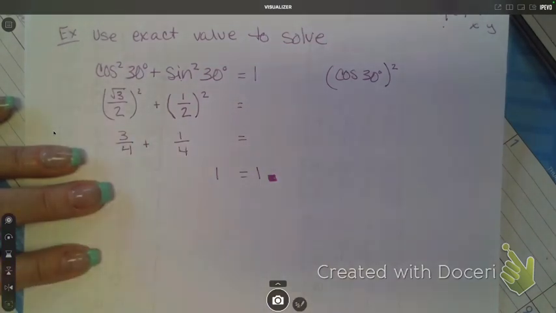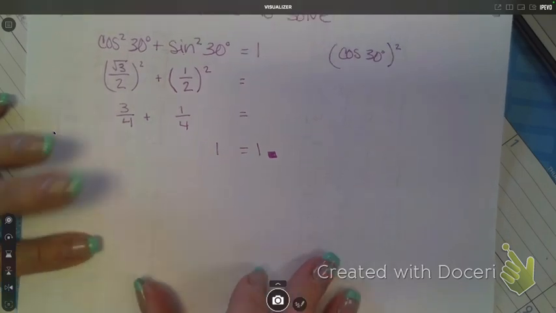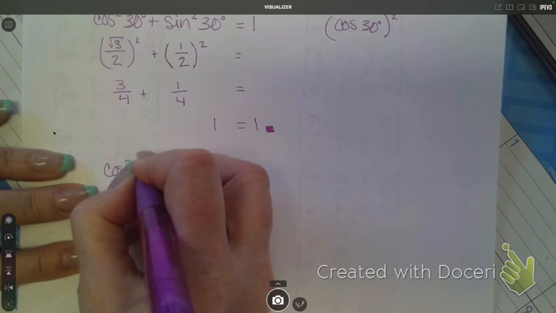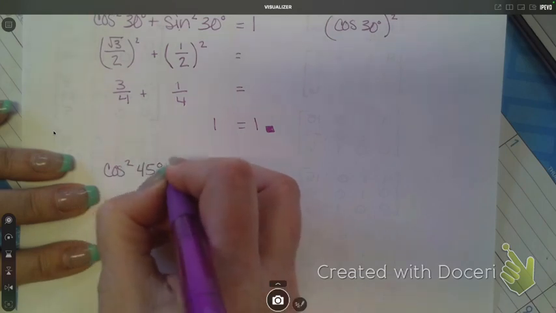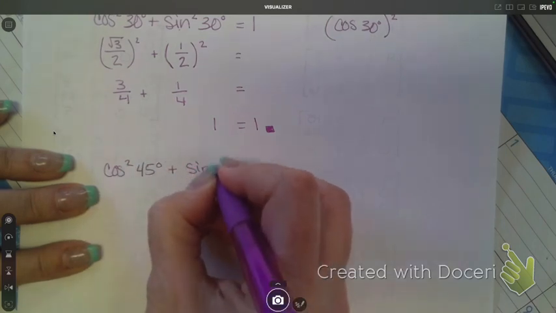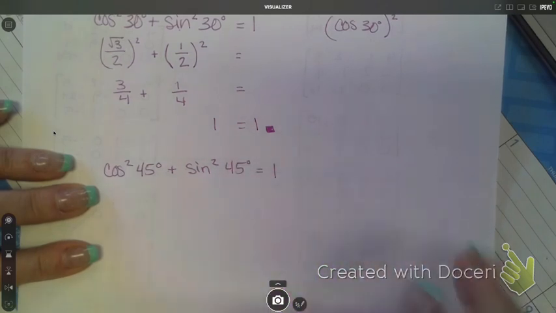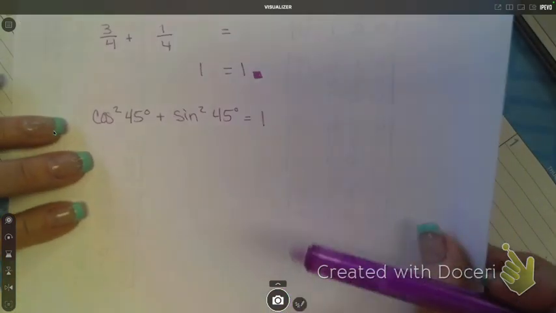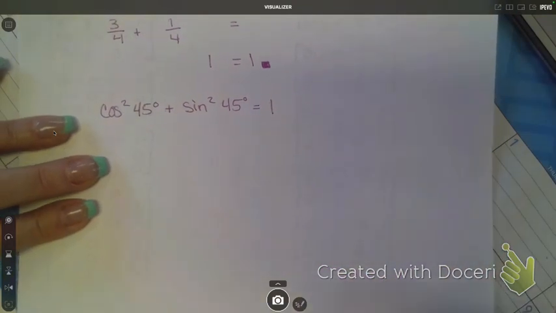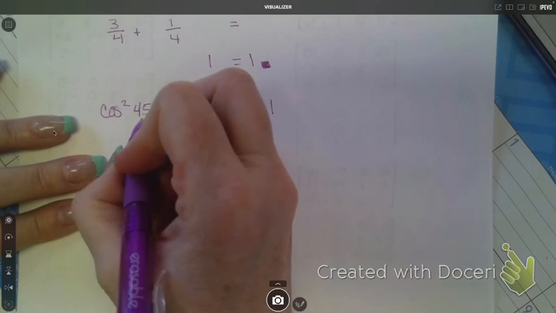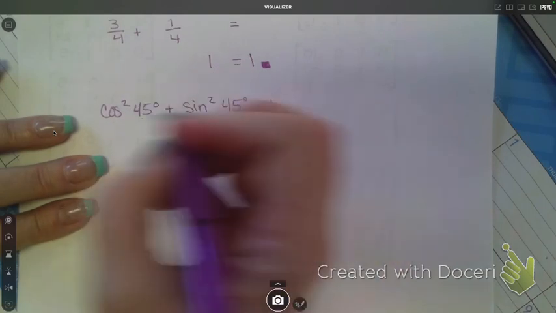Okay, we're going to prove it again that cosine squared of 45 degrees plus sine squared of 45 degrees equals what again? 1. So, what's the cosine of 45?